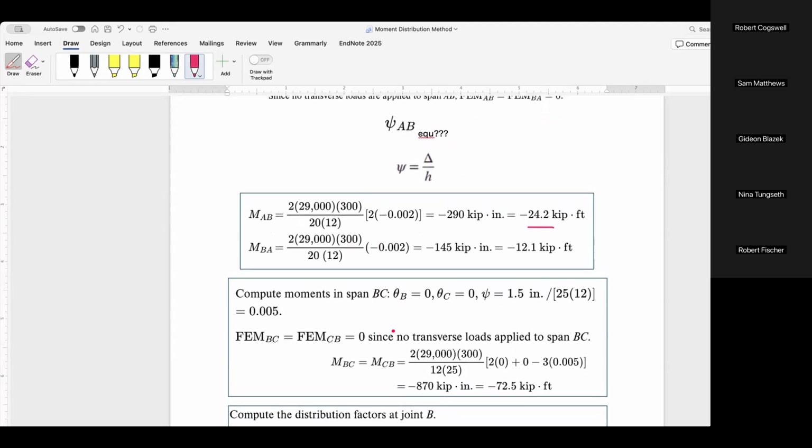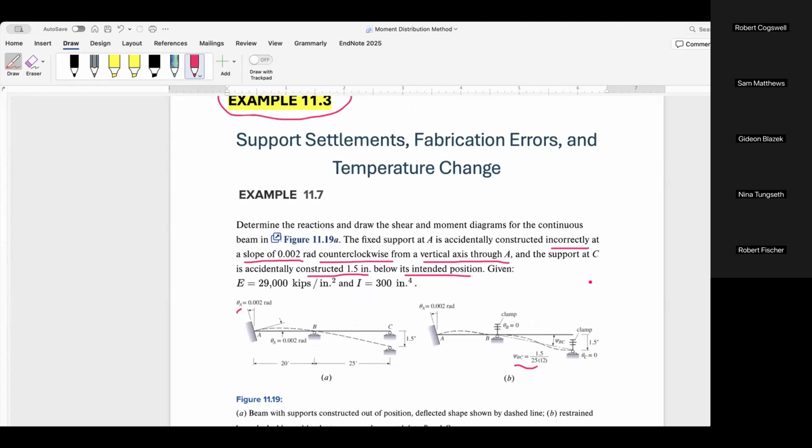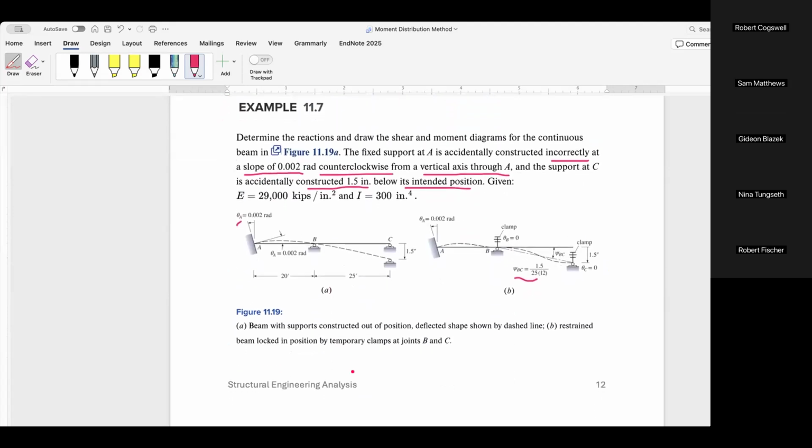And after that, we already know theta B equal to 0, theta C equal to 0, but psi, we just use this equation and then compute it. And if you ask me why it's 12, it's because it's 25 feet, I guess. Yeah, 25 feet, convert into inch.